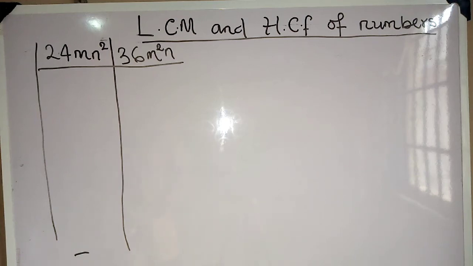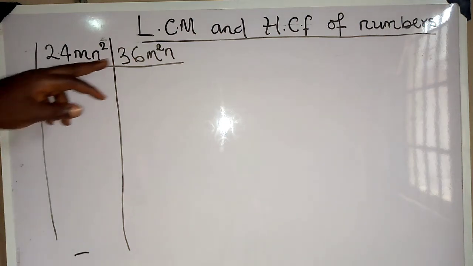The approach is still quite similar to that of HCF, but the only difference is that you simplify, or you divide each term to its lowest possible form. That is, you get to a number whereby you cannot divide again. I can use any factor or any number, provided that the number can divide each of them.